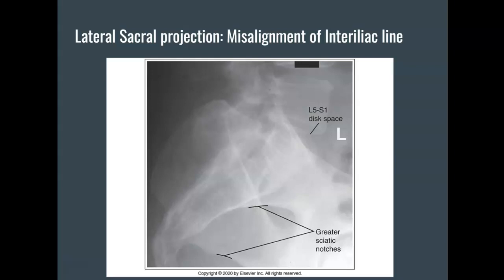Your femoral heads will be misaligned, your iliac wings will be misaligned, and your disc spaces and intervertebral foramen will be closed. And so this is not a true lateral projection. We want to get those greater sciatic notches as close to superimposed as possible to adequately get a true lateral projection of the sacrum and the coccyx.